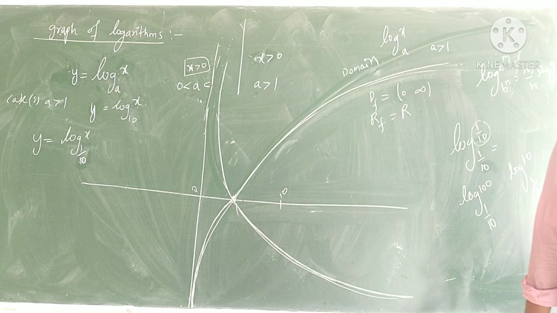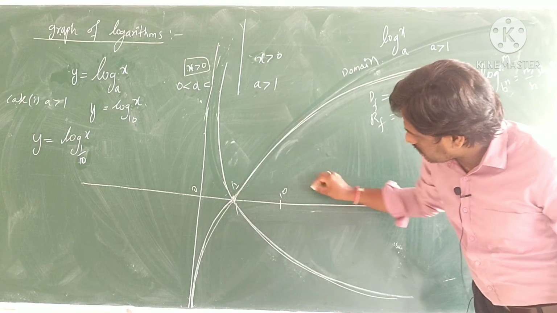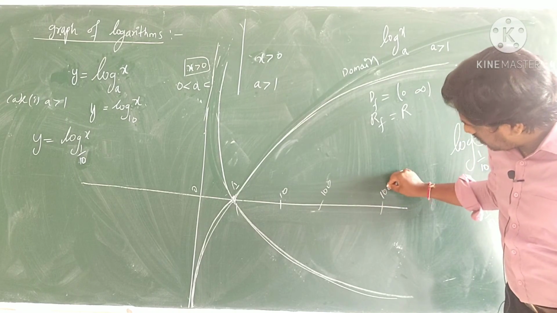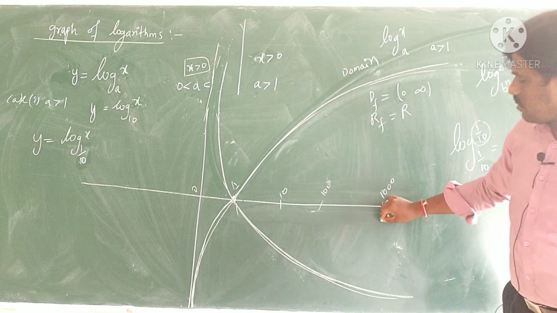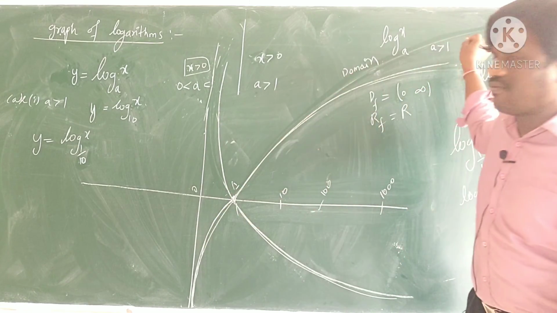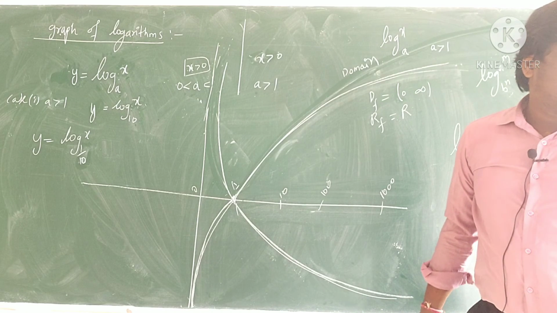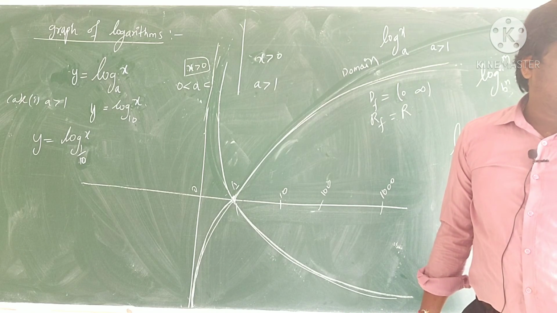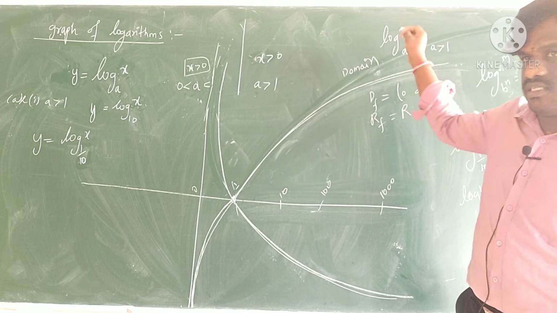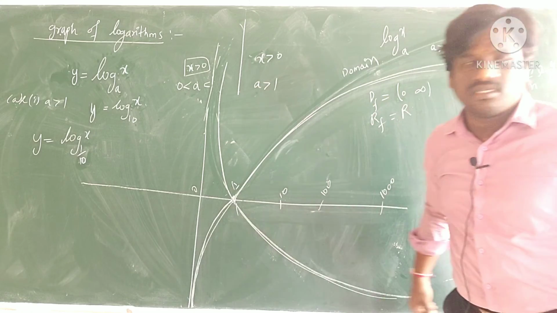This was 10, this is 1, this is 10, next 100, then 1000, likewise your approach. You can see here you are approaching upwards on one side and downwards on the other. Have you seen this? If a is greater than 1, it's increasing, and when a is between 0 and 1, it is decreasing.